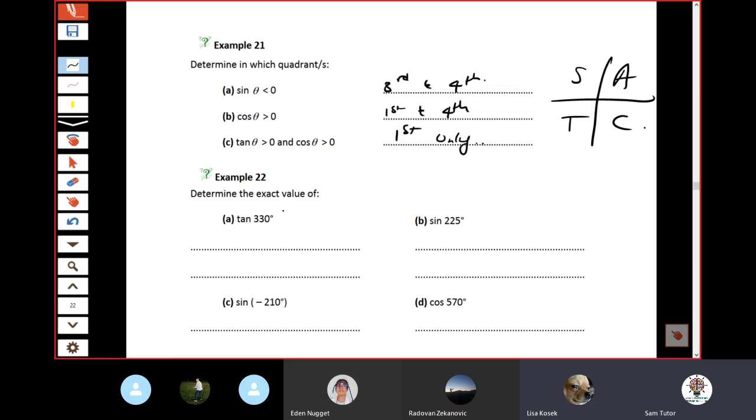Determine the exact value. Daniel, what are you going to do for the exact value of tan 330? Don't overthink it. Plug it into your calculator. What does it say? Negative 0.5. And then what are you going to do?